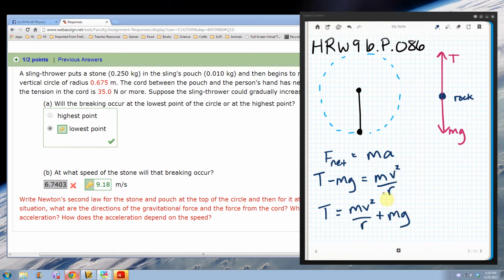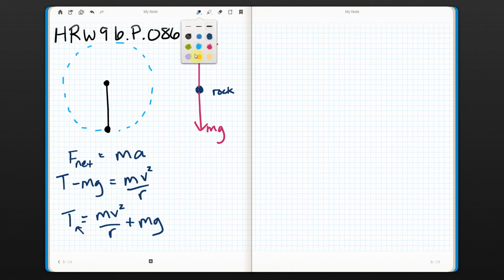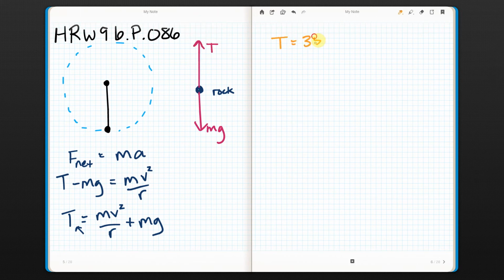So at what point will the tension exceed the amount I have? The amount where it will break is when the tension is 35 newtons. That's from the problem. I also have the mass. Now we have to be careful here.